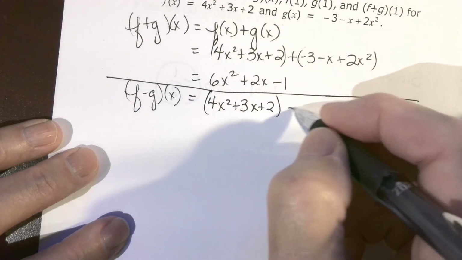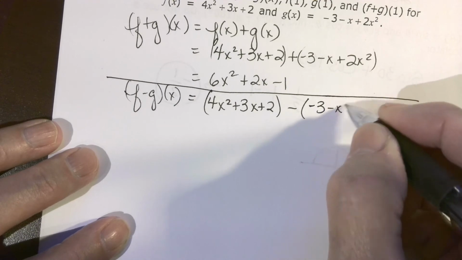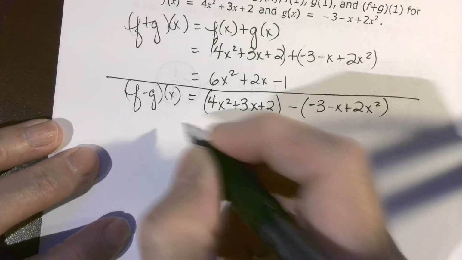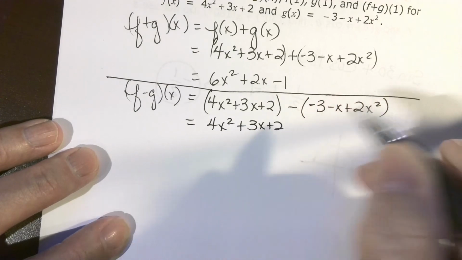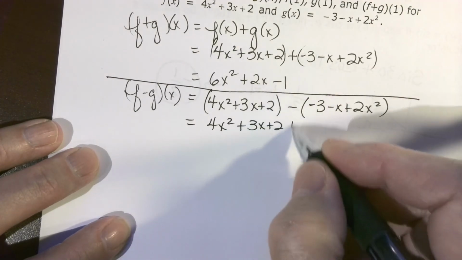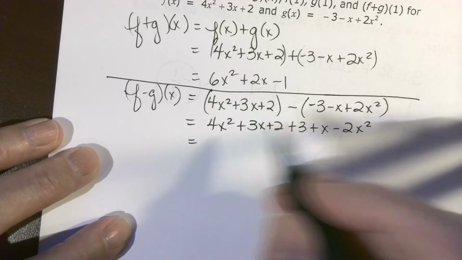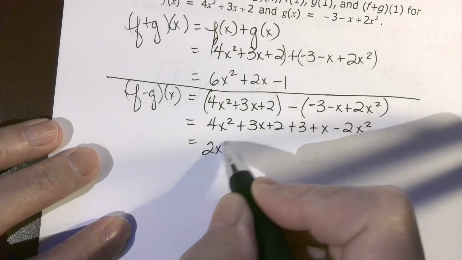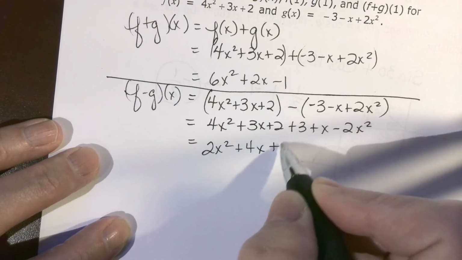But when it's minus, you better, or you end up with a problem here. So this is going to be 4x squared plus 3x plus 2. Then you need to distribute that negative. So you got 4 minus 2, you got 2. I got 3x and x, that's 4x. 2 and 3, I got 5.